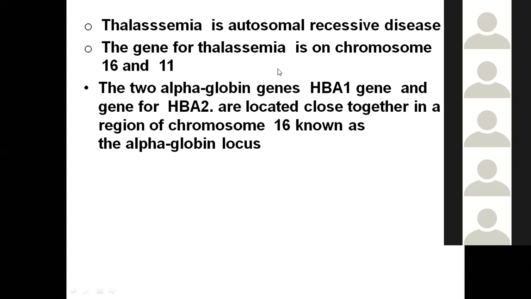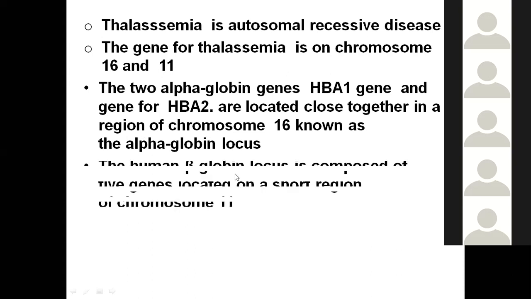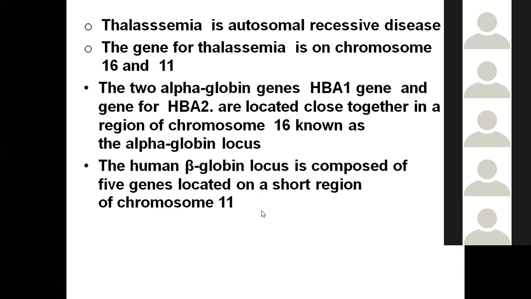The 2 alpha globin genes, alpha 1 and alpha 2, are located close together in a region of chromosome 16 known as the alpha globin locus. The human beta globin locus is composed of 5 genes located on a short region of chromosome 11.